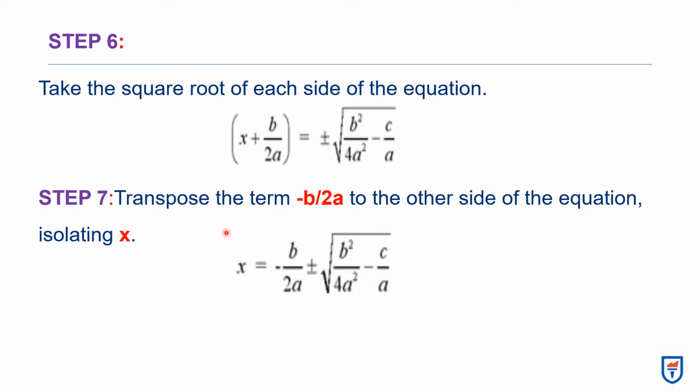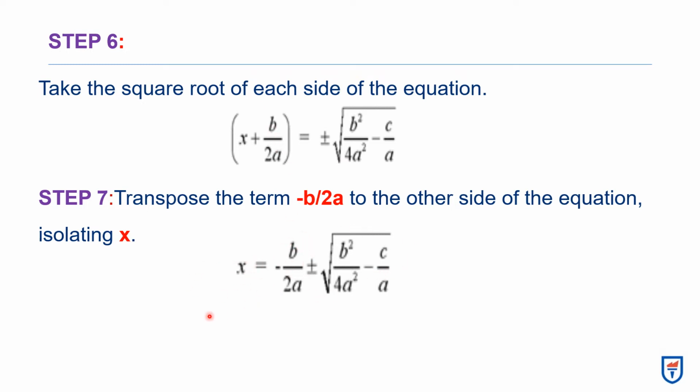So when we're solving for x, when you go to step 7, now we're making x the subject of the formula. When we make x the subject of the formula, it means we're taking b over 2a to the other side of the equal sign. And when b over 2a is jumping the equal sign to the other side, it's also going to change its sign. Here we have a plus, and it's going to be a negative when it jumps the equal sign.